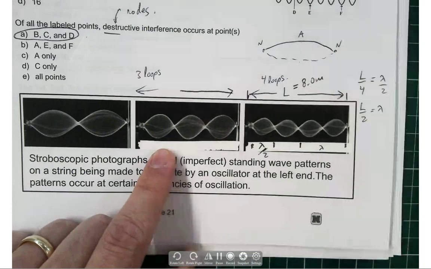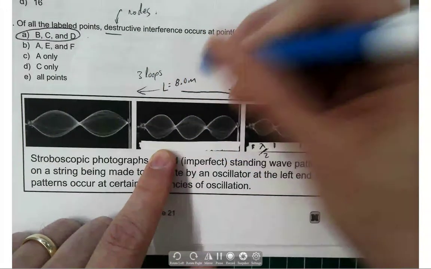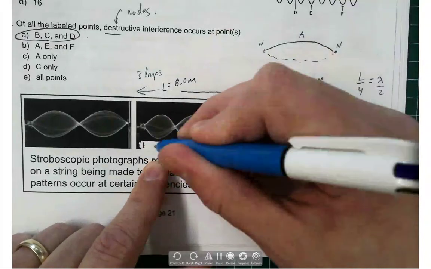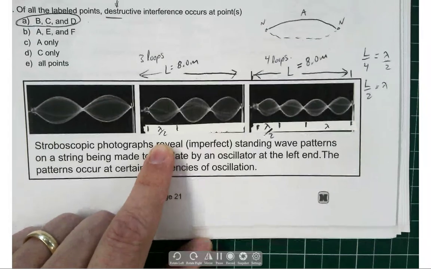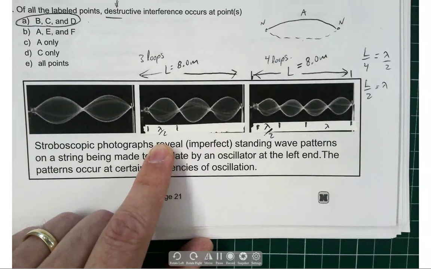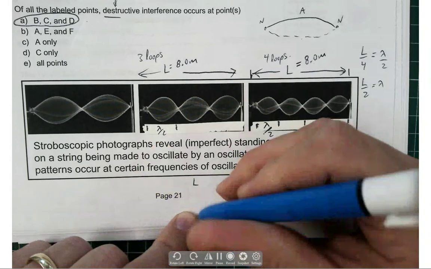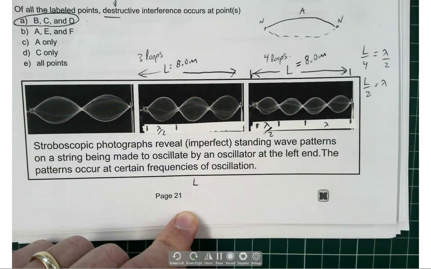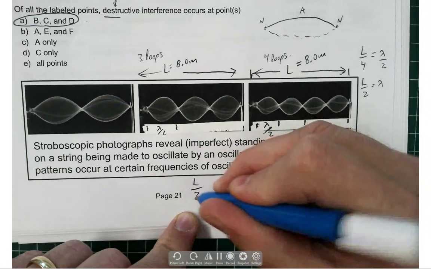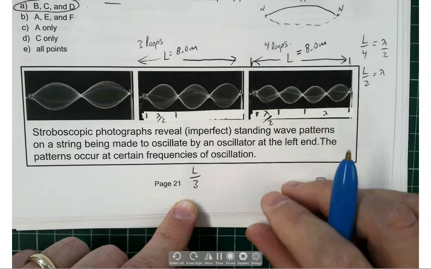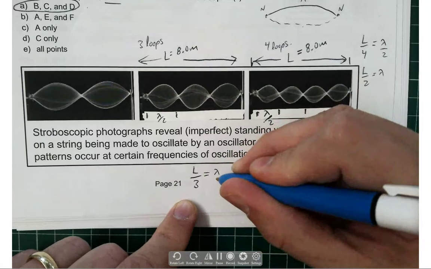So I say, okay, there's 3 loops. The length is still 8 meters. Remember, this is lambda over 2. Can you guys beat me to it? Can you calculate what a wavelength is? Calculate lambda. 2.67. So I take the length divided by 3, which is going to be equal to lambda divided by 2.